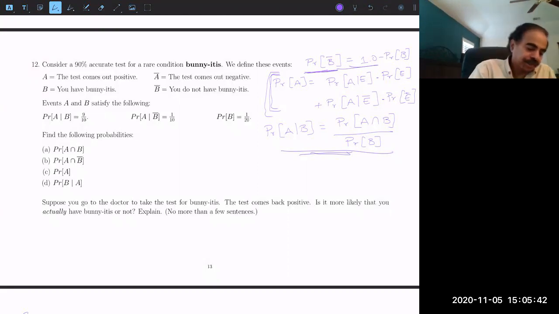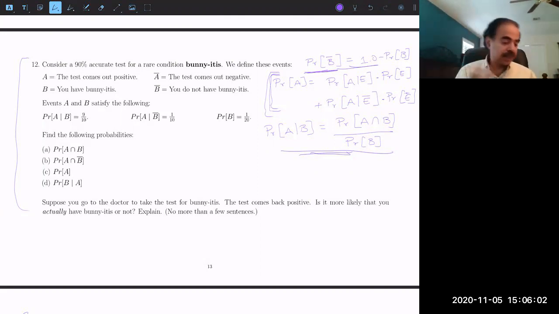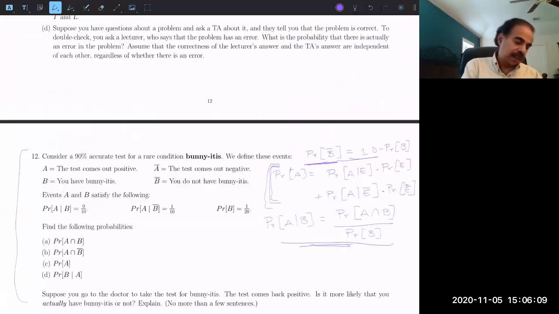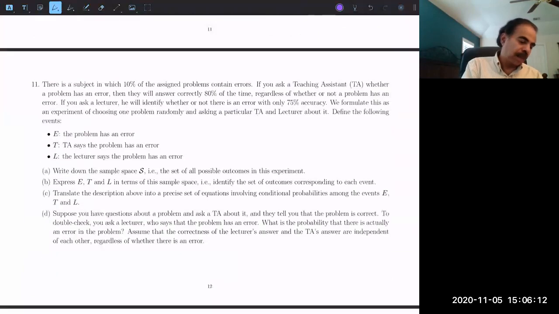Okay. So now this problem is designed, first and foremost, to get you to look at these formulas and get familiar with how to use these formulas in simple problems, right? And then there are a couple of other problems. I think there is, yeah, problem 11 is somewhat similar.